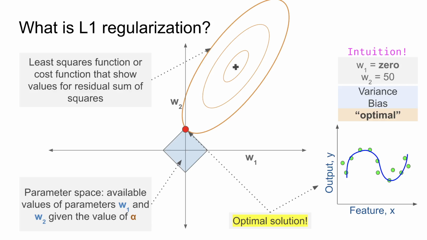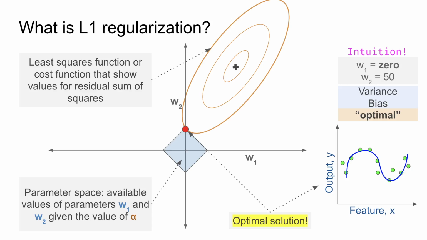Now, you've seen this similar slide for L2 regularization. The concept is similar in case of L1 regularization. The difference being that instead of the circle, which was for L2 regularization, here we have a rotated square that defines the boundaries for the parameters, in this case, W1 and W2.